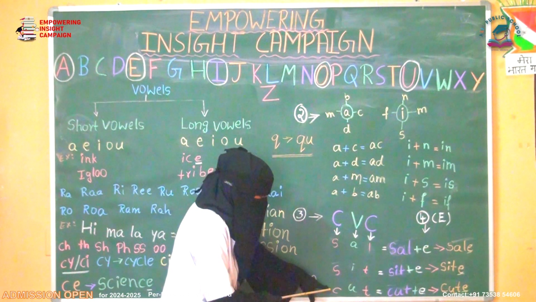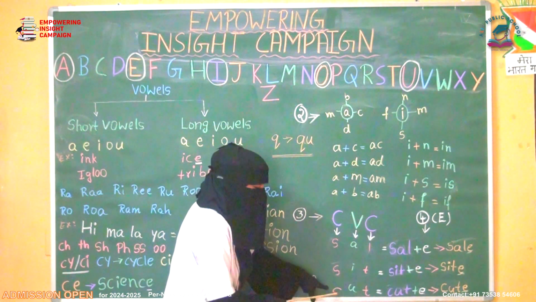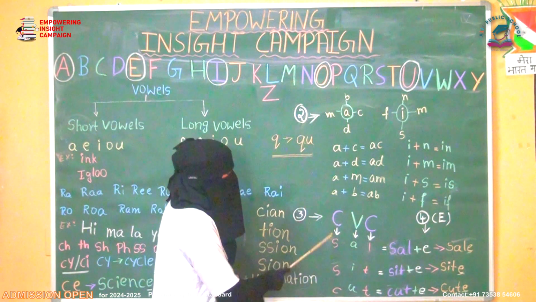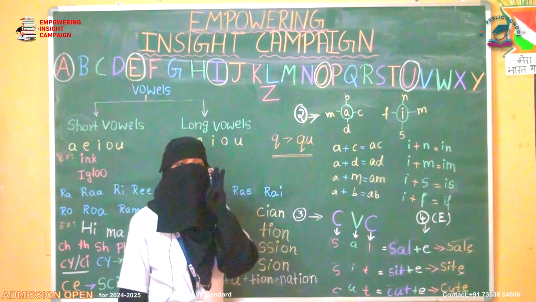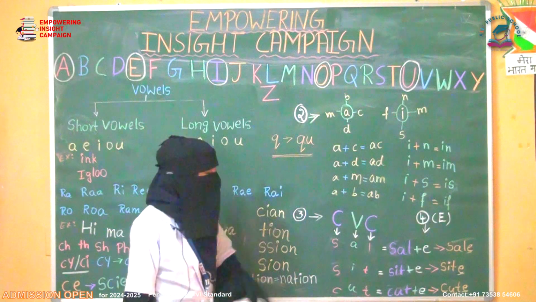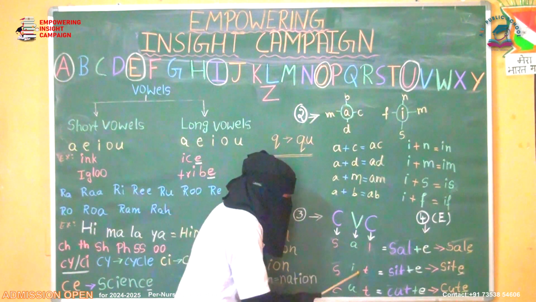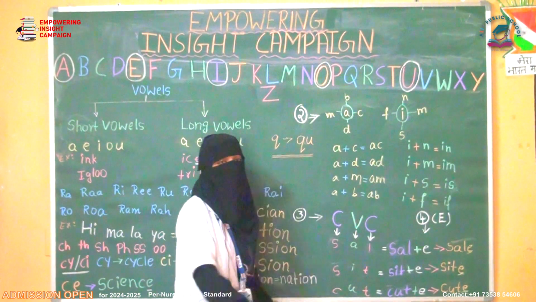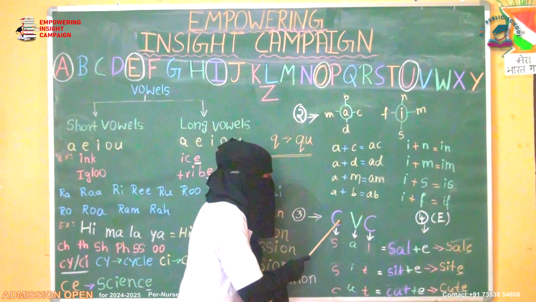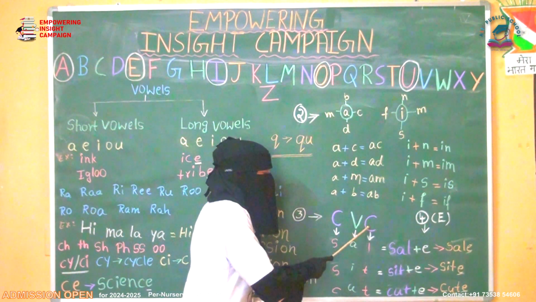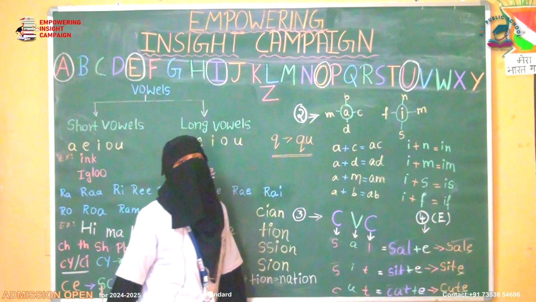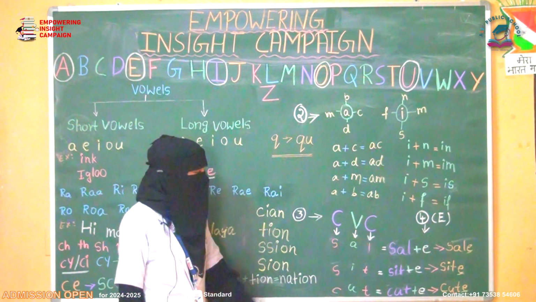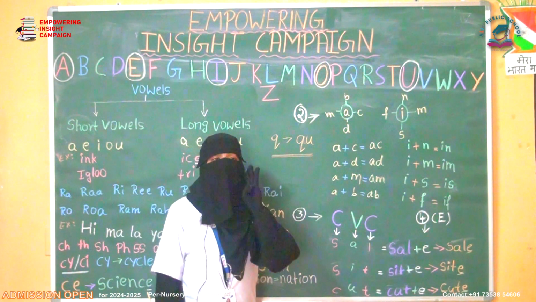Next, K, A, T, cut. Always in a CVC method, while you are blending a 3-letter word, you will always get the vowel in the middle, and both sides it will be consonant. C, C, and in the middle it will be V, which means vowel. This is how we are blending 3-letter words.